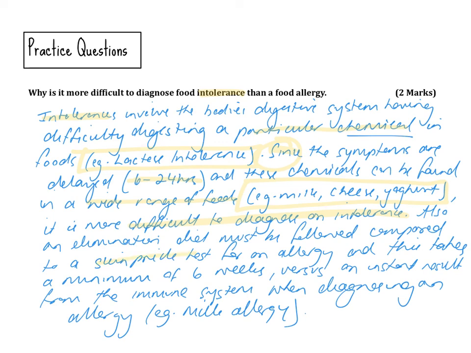And this takes a minimum of 6 weeks versus an instant result from the immune system when diagnosing an allergy, for example, a milk allergy. So we can see here an example of how you would actually diagnose an intolerance versus an allergy and why it is more difficult to diagnose through these different types of tests. So that is what we would be attempting to write for a response in this style of question.